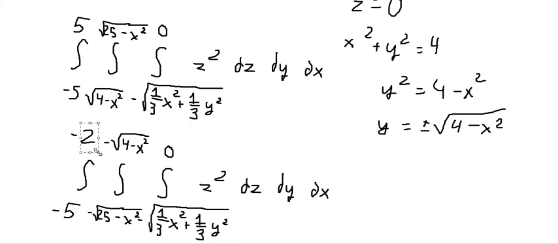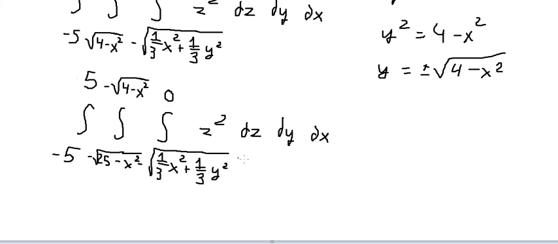Now we change 2 into 5. Now we have just finished the setup. This is positive 5. After we finish setting up the triple integral, we need to calculate it.